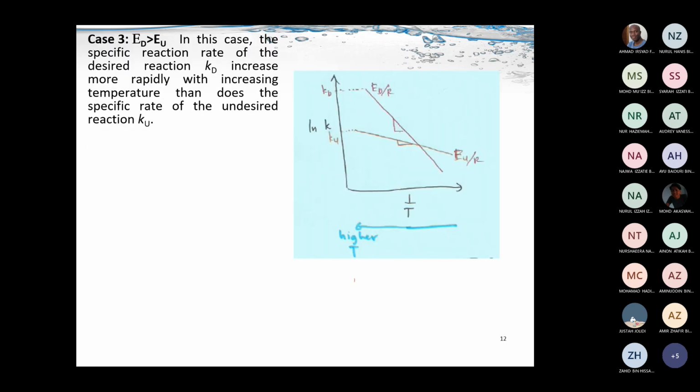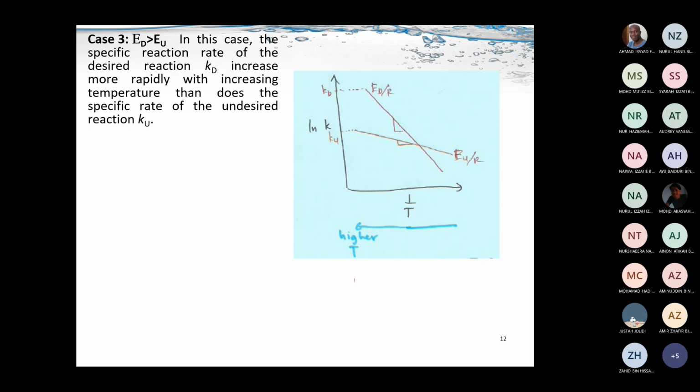Right, so have a look at the case where ED is larger than EU, for case number 3. In this case, the specific reaction rate of the desired reaction, KD, increases more rapidly with increasing temperature than does the specific rate of the undesired reaction, KU. Okay, so if you can see, this is ln K versus 1 over T, and you can see the KD here is located higher than KU.